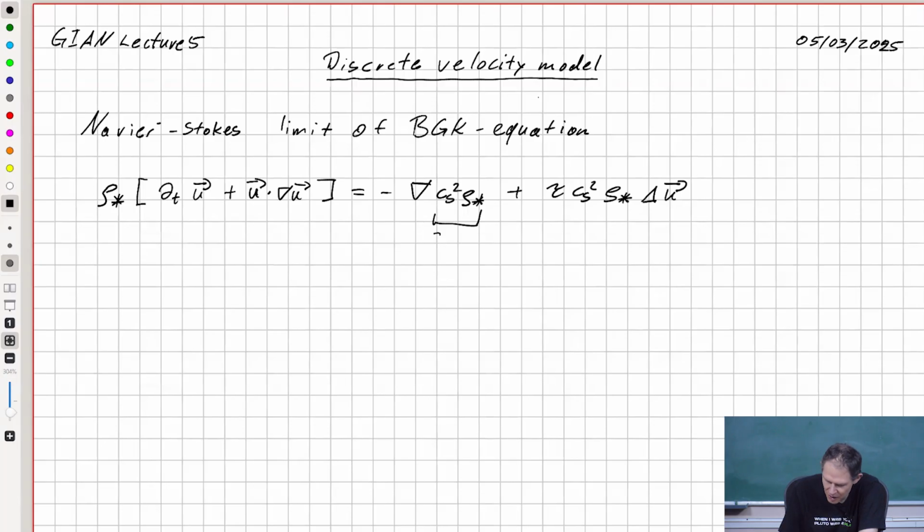And now we call this here the pressure, and we'll call this here the viscosity. So there is an equation of state involved here. The pressure is the speed of sound squared times the density. So the speed of sound squared is related to the temperature.